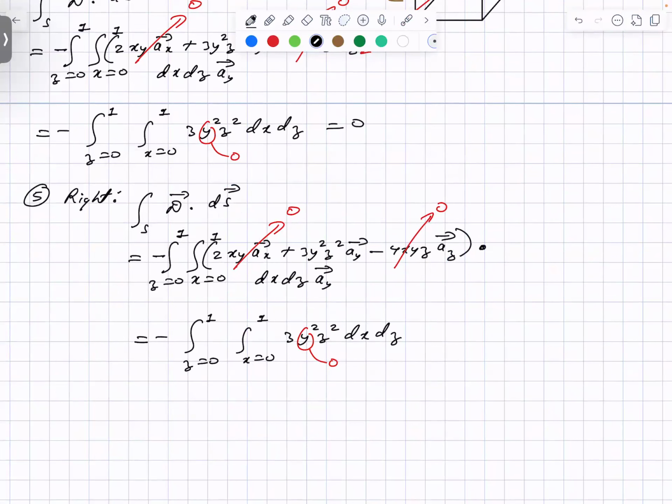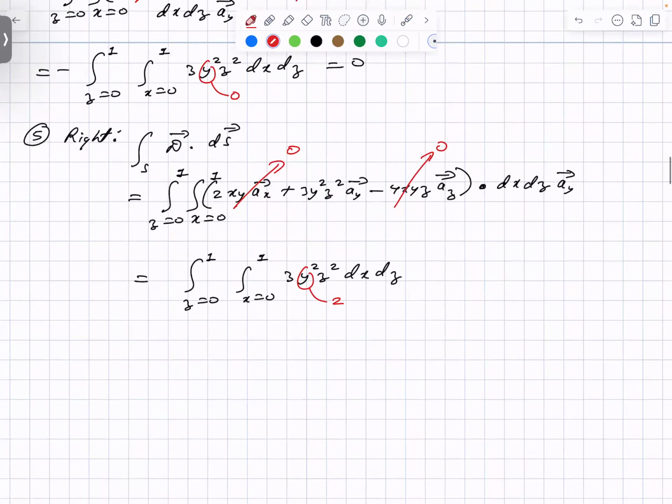We'll put a dot here, and then we have dx dz ay. We will remove this negative sign from the front. And this time, since we are considering the right surface, y is not equal to 0, but y has to be equal to 2. It is fixed at 2.